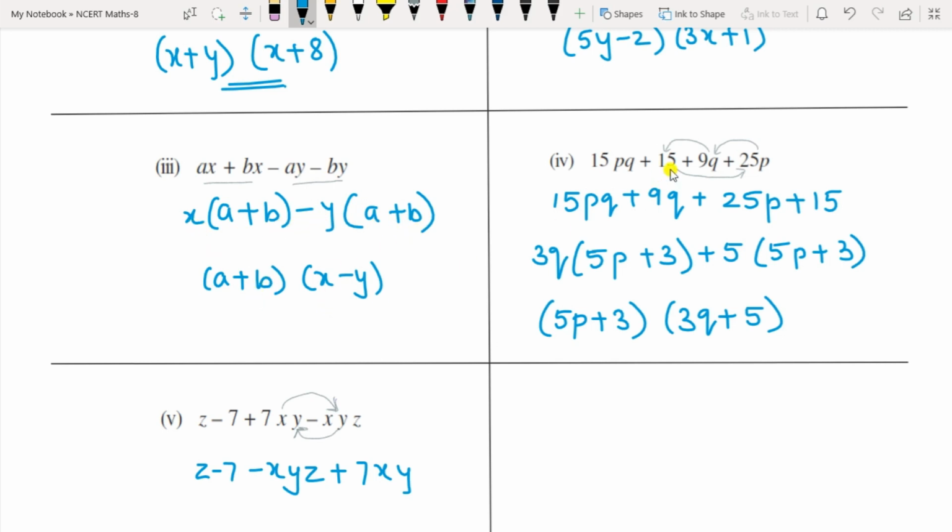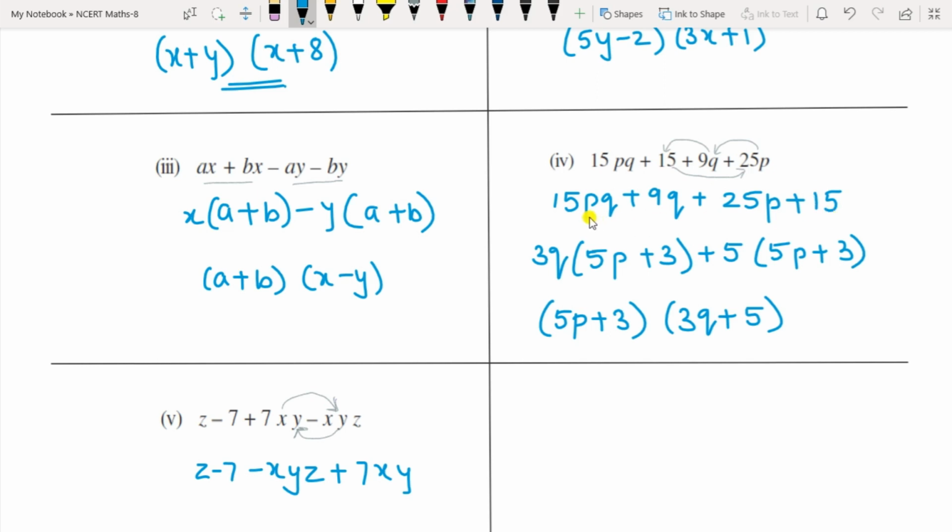Now sometimes what happens, the common terms do not come from the first and the second. So you have to rearrange the terms so as to get the same bracket. Now here in this question, I am making one change: taking this second term to the last place and shifting these 2 terms to the second place and the third place, and the number 15 which was earlier on the second place, I am moving to the 4th place.